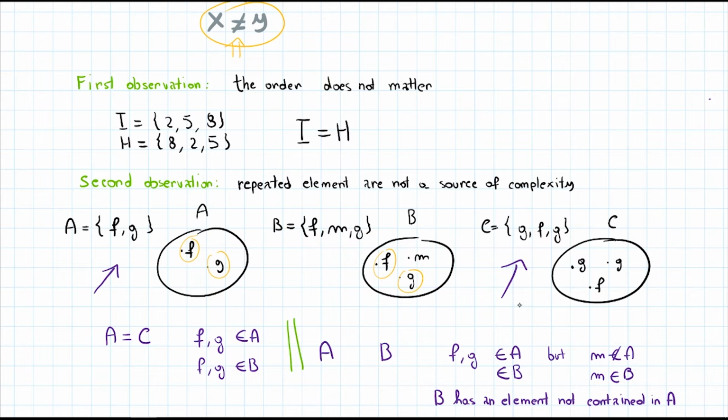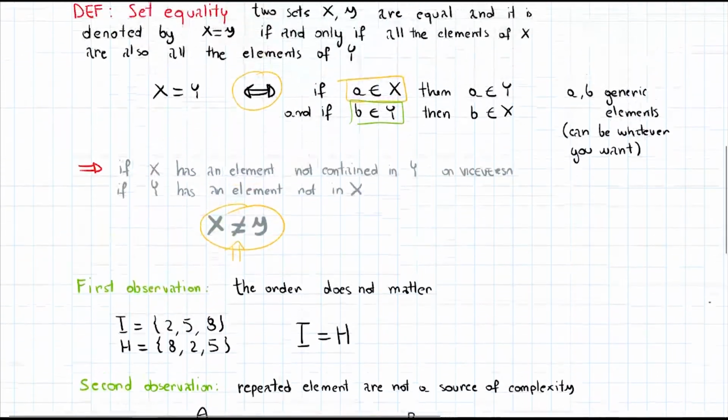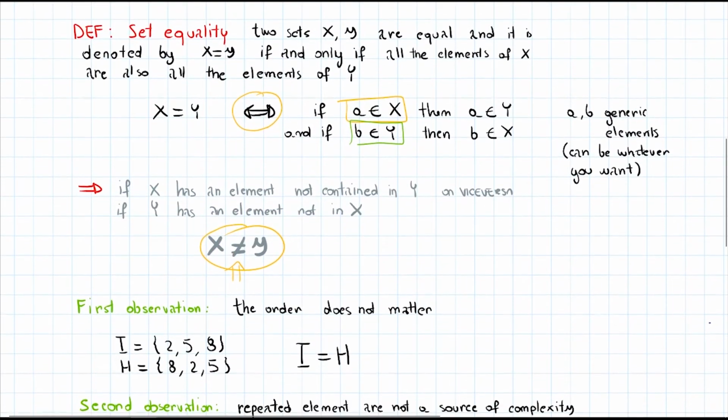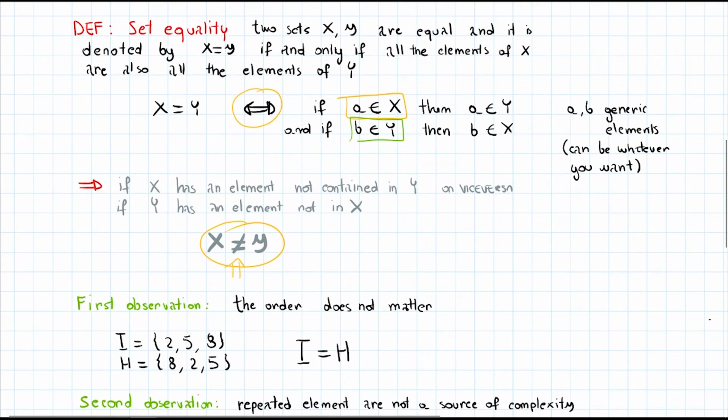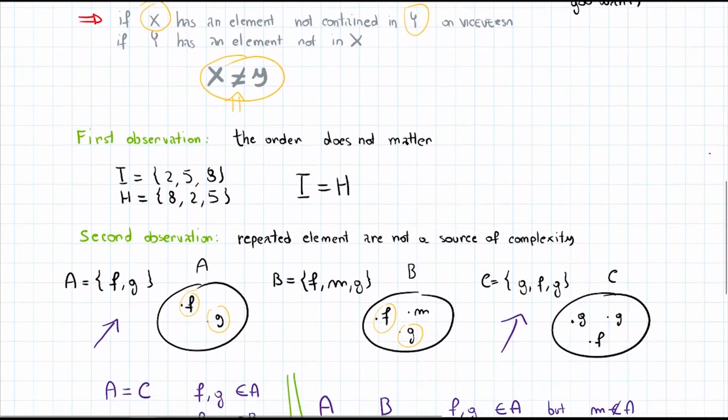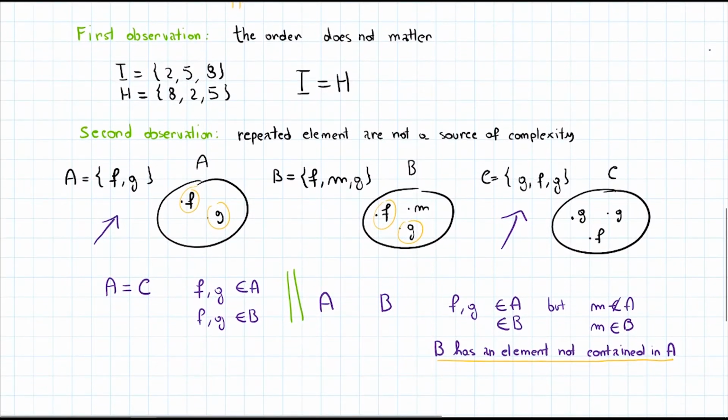But m does not belong to A, meanwhile it belongs to B. So this can be written as B has an element not contained in A. If we look at the definition of set equality, we can see that if a set, in this case B, has an element not contained in A, then we can say that these two sets are different. And this is exactly the case here. So we can write that A is different from B.